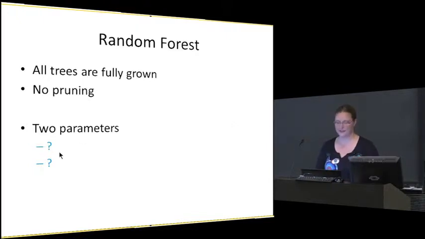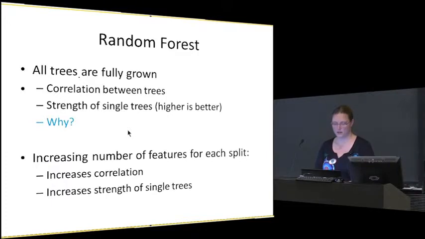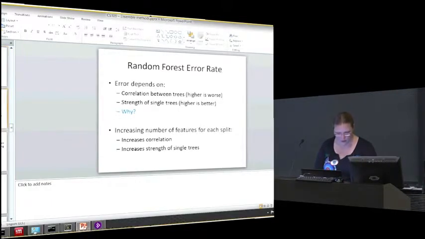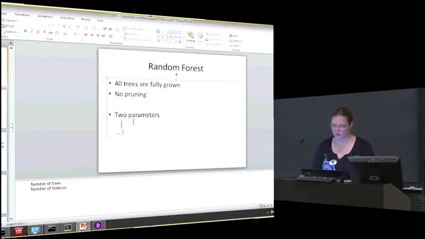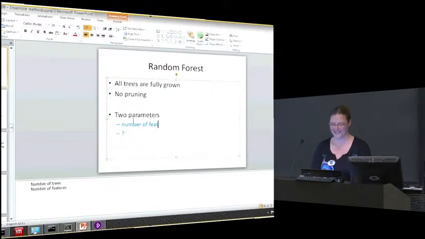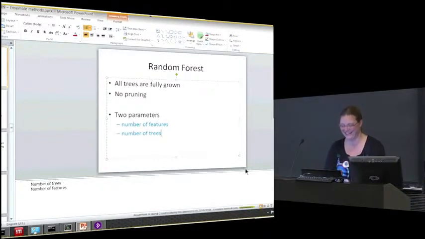Yes. So let me. What is the number of features? Oh, and I put the answers down. Okay. And the other one is written there. Number of trees. Oh, you actually didn't see that. Haha, next time I'm not going to say it.